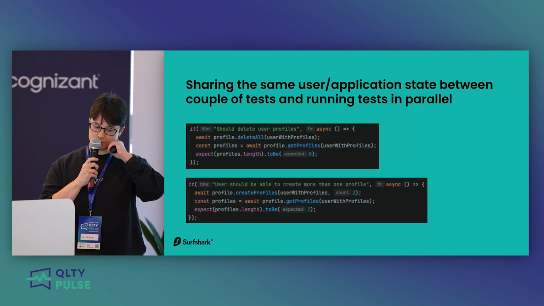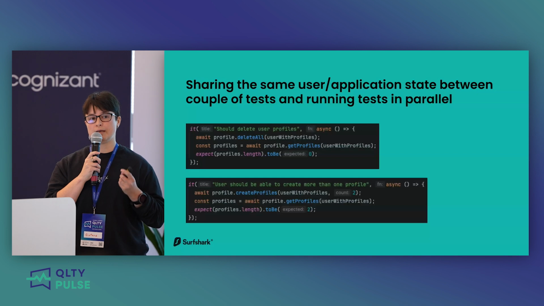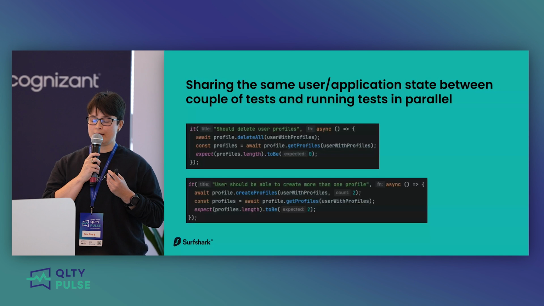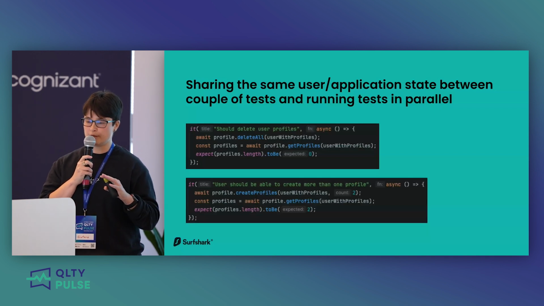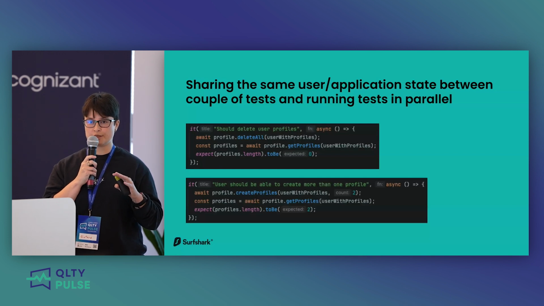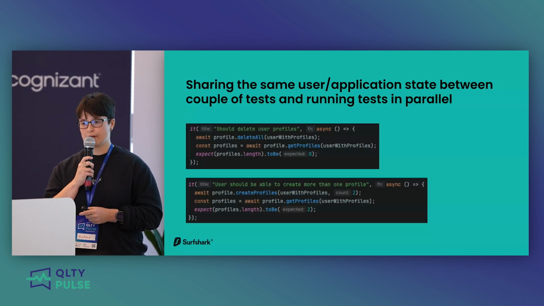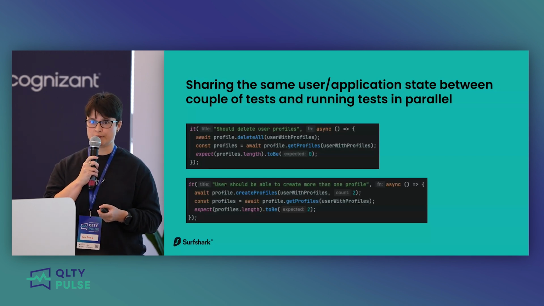Once I remember we had a user that was a read-only one, and we checked that the data is still present. I think it was not written down anywhere that the user is read-only. And after half a year, a test was written that changed the user's name. So one test was checking that the user is Jane Doe, and another changed the username to Mark. And then we ran the tests in parallel. It was a flaky test because sometimes it was Mark, sometimes it was Jane Doe.